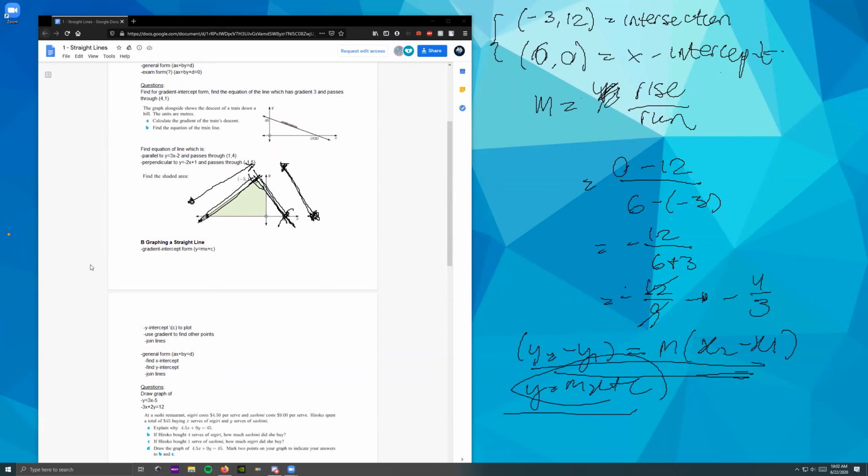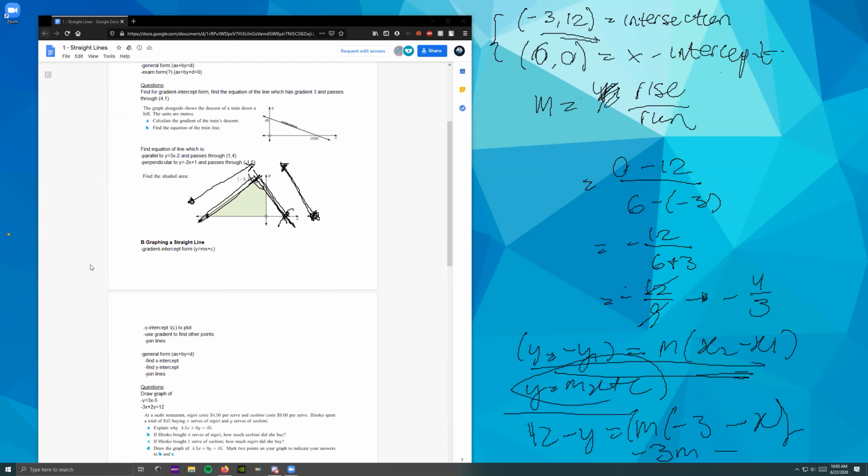So how you find this is that you insert one of these points. For example, if I want to insert this, it's going to be 12 minus y equals m times 3 minus x. And you just need to do this by basic algebra.